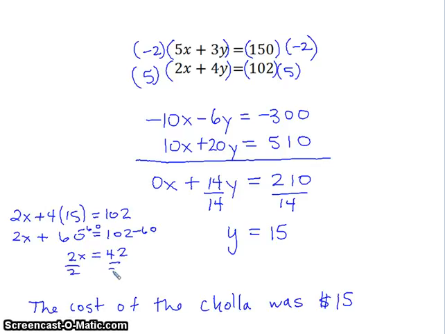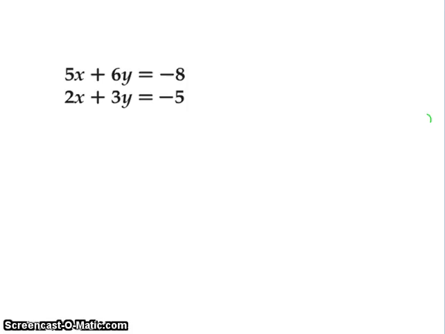We divide by 2, so x is equal to 21. So the cost of the century agave was $21.